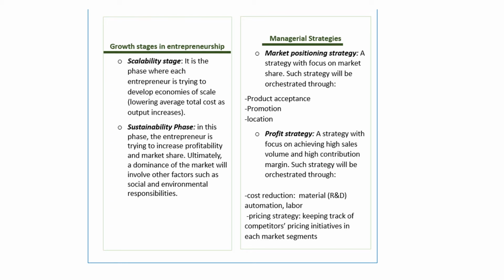The second strategy is profit strategy. It is a strategy with focus on achieving high scale volume and high contribution margin. Such strategy will be orchestrated through cost reduction, automation and labor, or pricing strategy, which is keeping track of competitors' pricing initiative in each market segment.